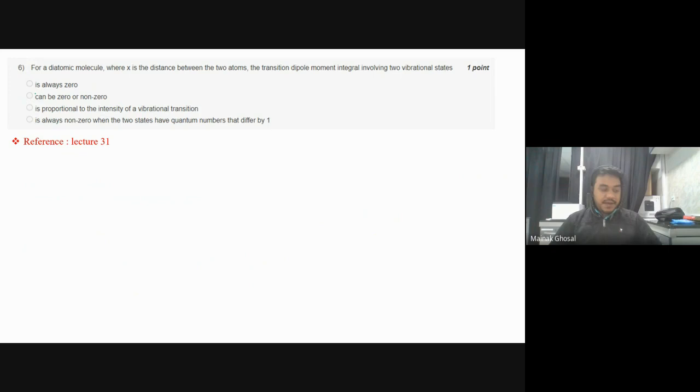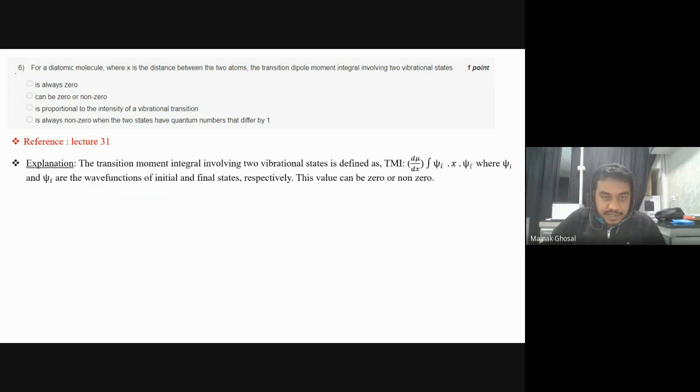You can find this in lecture number 31, where Professor Anirban Hazra has discussed what your transition moment integral should be. The transition moment integral involving two different vibrational states is defined as this one.